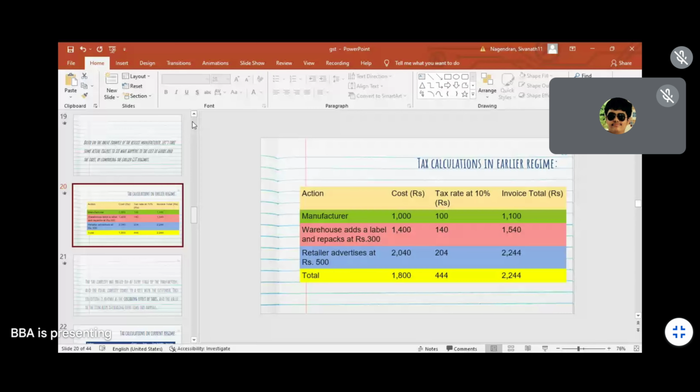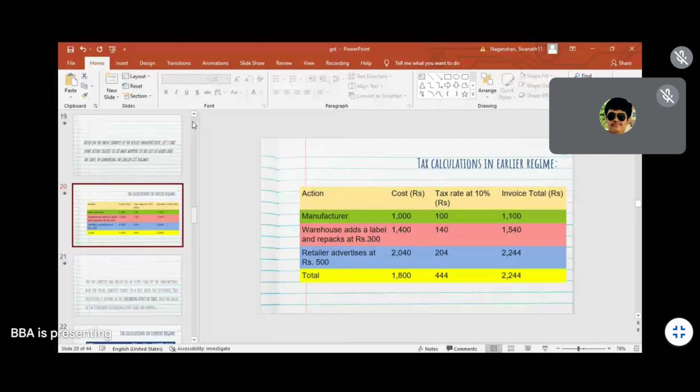The retailer adds the advertisement cost of 500 rupees. So 1540 plus 500 is 2040. Again, from the 2040, the 10% is VAT, so 204. So now the invoice total of the product is 2244.